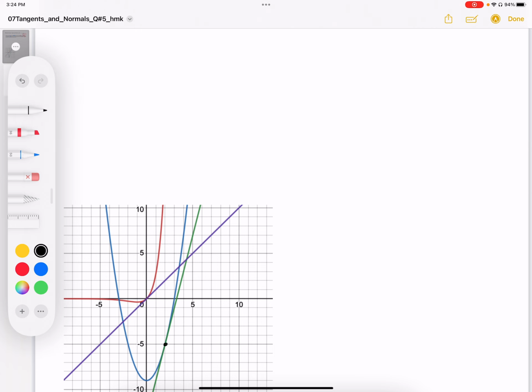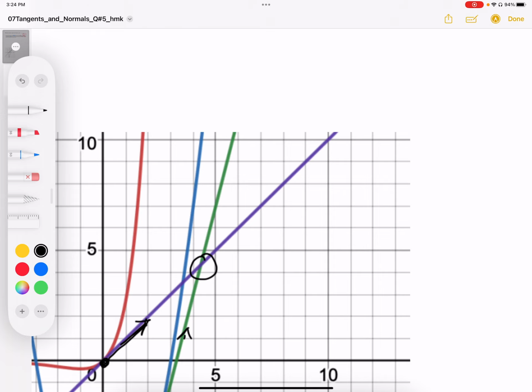So at that point, it's going to let go and fly in this direction along that green line. And then spaceship B is going to let go at x equals 0 and fly along that line there. And the intersection point is going to occur right at that point there.